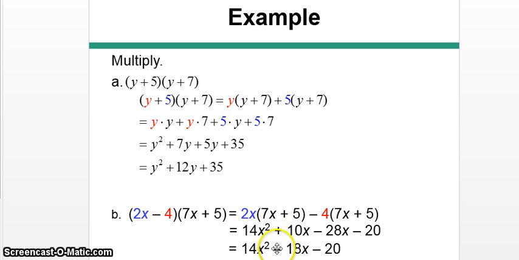We'll get negative 18x. 14x squared minus 18x minus 20 is the result of the product of two binomials, 2x minus 4 times 7x plus 5.